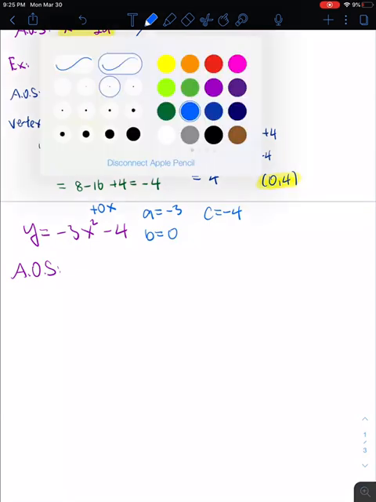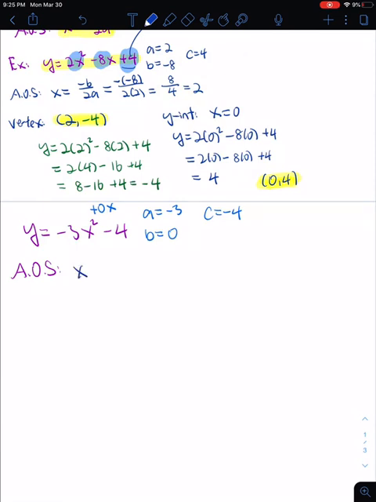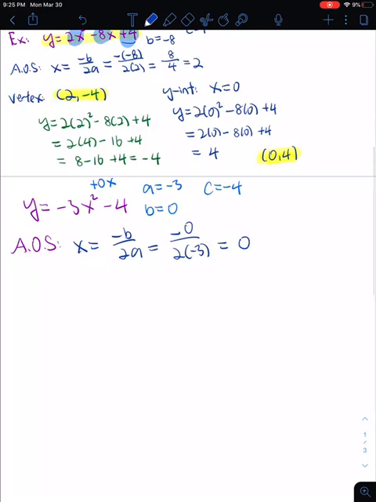So then let's go ahead and find the axis of symmetry using our formula. So we know it's going to be x is equal to negative b over 2a. So let's plug everything in. So I have negative 0 over 2 times negative 3. So that's just going to be 0. 0 over anything is just going to be 0. So that's going to be my x value of the vertex.